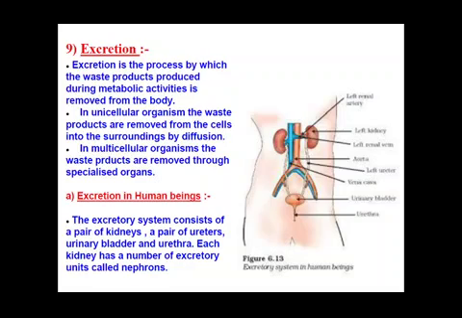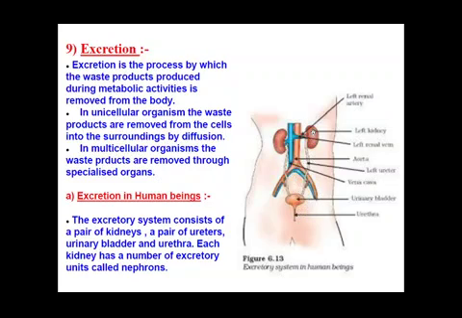The excretory system of human beings consists of two kidneys, a pair of kidneys as you can see in the diagram, and a pair of ureters, these tube-like structures. Then a urinary bladder is there for the storage of the urine, and the urethra is there for the expulsion of the urine from our body.